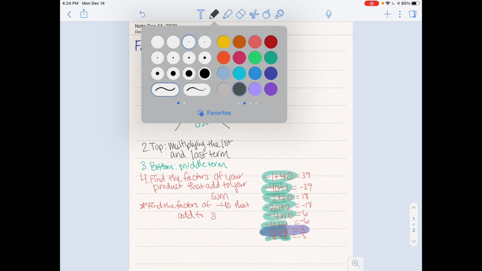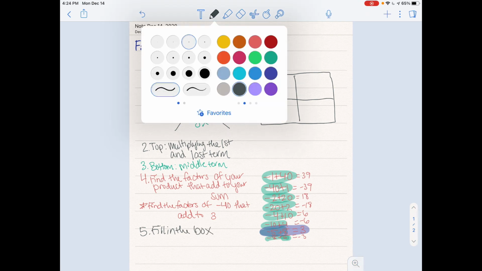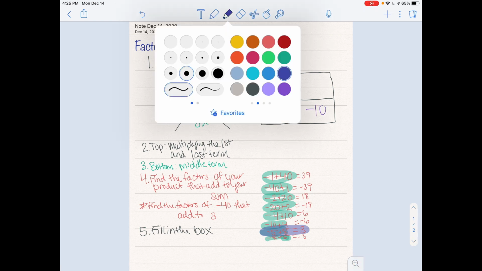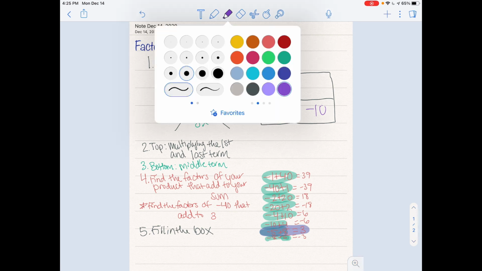For our fifth step, what we are going to do is fill in our box. So we are going to use the terms from our expression and the factors that we figured out in our x to help us fill in our box. We'll take the first term from our expression and the last term from our expression highlighted in purple. Put those top left and bottom right.